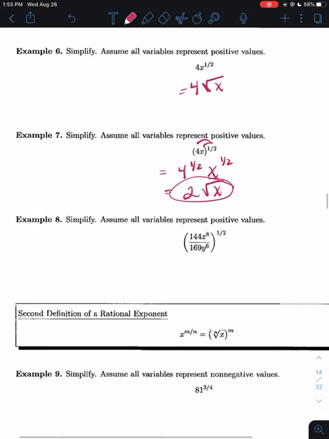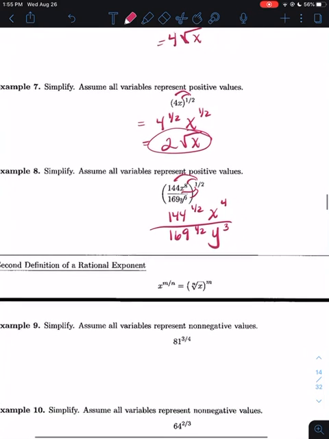Here, same thing. You want to multiply all your exponents by 1/2, top and bottom. So now you have 144 to the 1/2 power. 1/2 times 8 is like taking half of 8, which is 4. Then 169 to the 1/2 power, and y to the 3rd power, since half of 6 is 3.